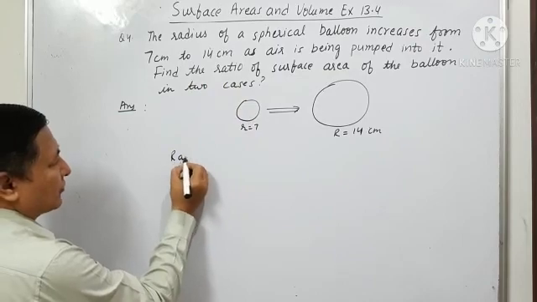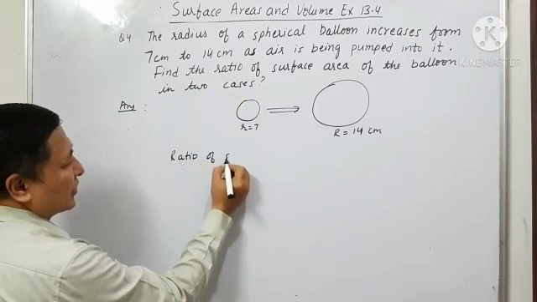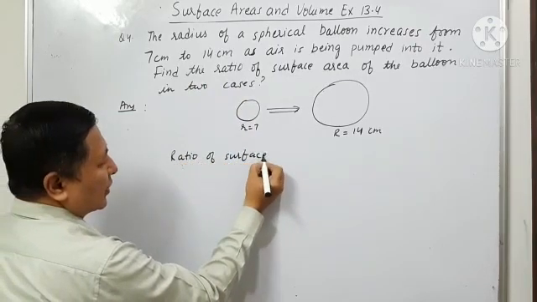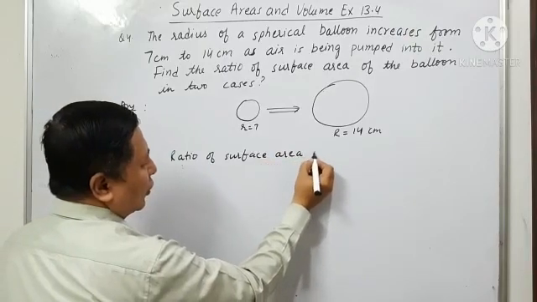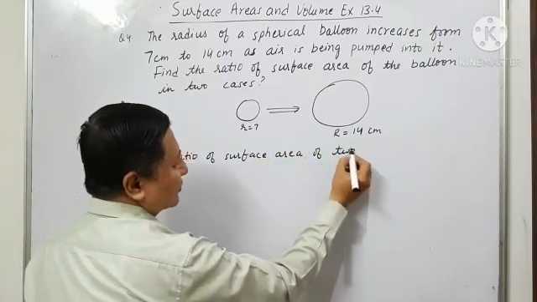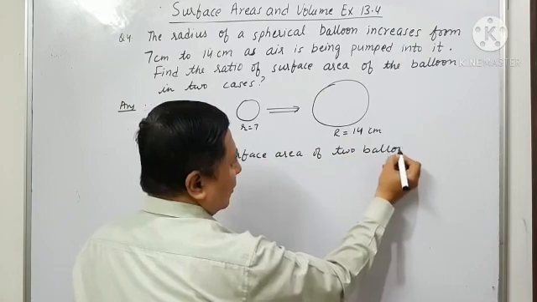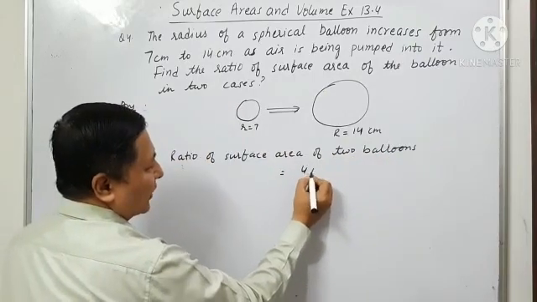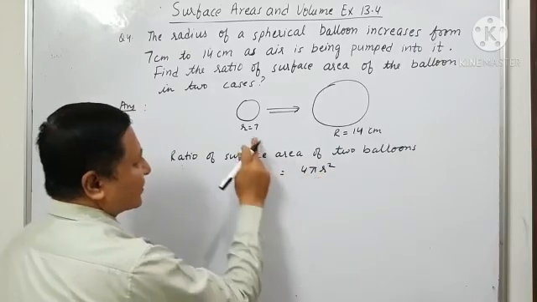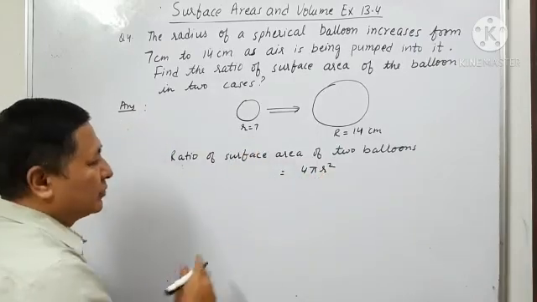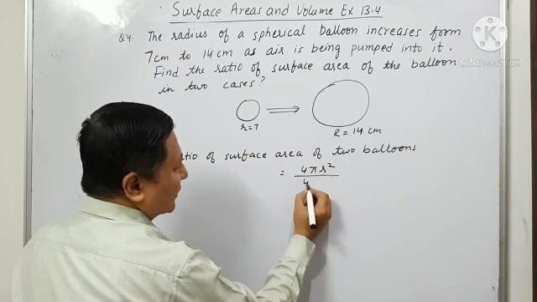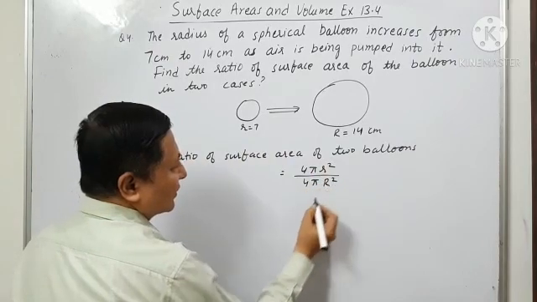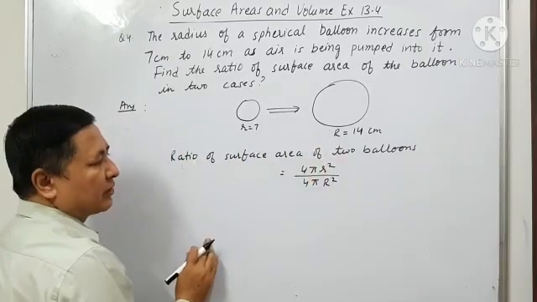So the ratio of surface area of the two balloons will be given by 4 pi small r square, that is the surface area of the smaller balloon, and 4 pi capital R square, that is the surface area of the bigger balloon.